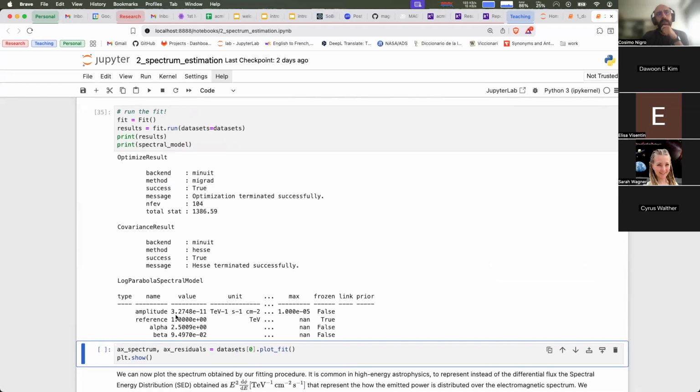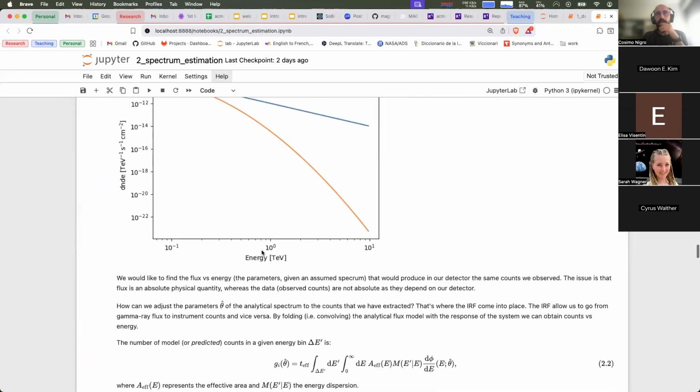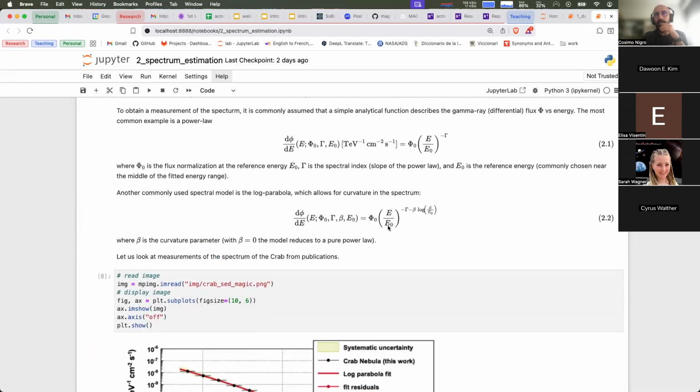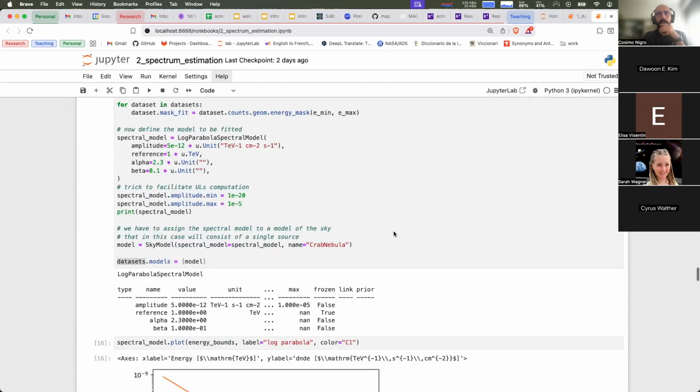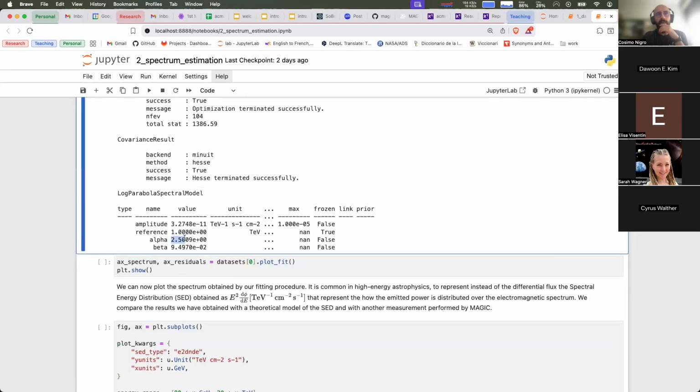Okay, so these are the optimal parameters. We fixed the reference, otherwise we have too many parameters and the model is degenerate, meaning that the algorithm cannot distinguish how the flux changes when it changes different parameters. So typically we fix this reference energy, E0. And then it gave us the optimal values of alpha, 2.5, and of beta, okay?